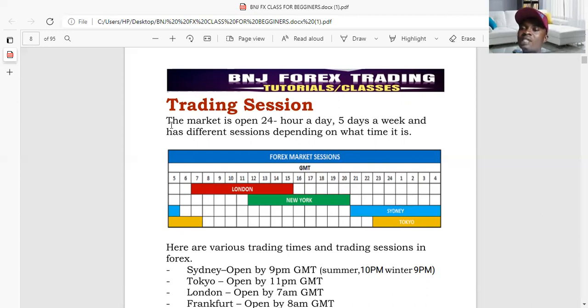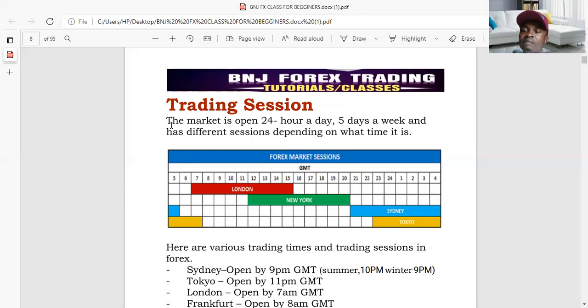So you must understand if the two countries' markets are on session before you start trading them. That is the reason why in currency pairs, sometimes you see the market moving slowly, until immediately the two countries whose currencies you want to trade are on session, then you can start trading.